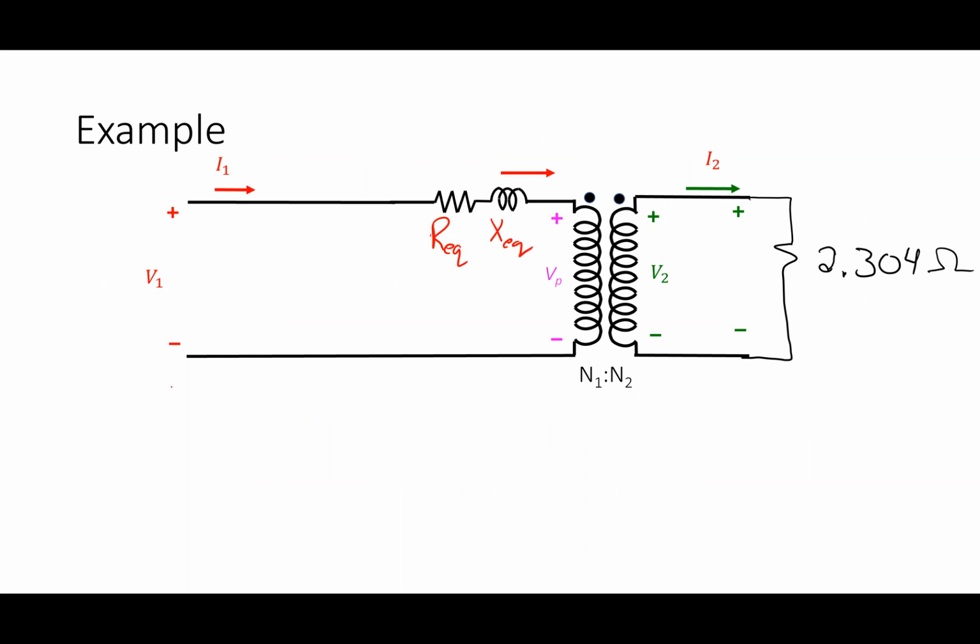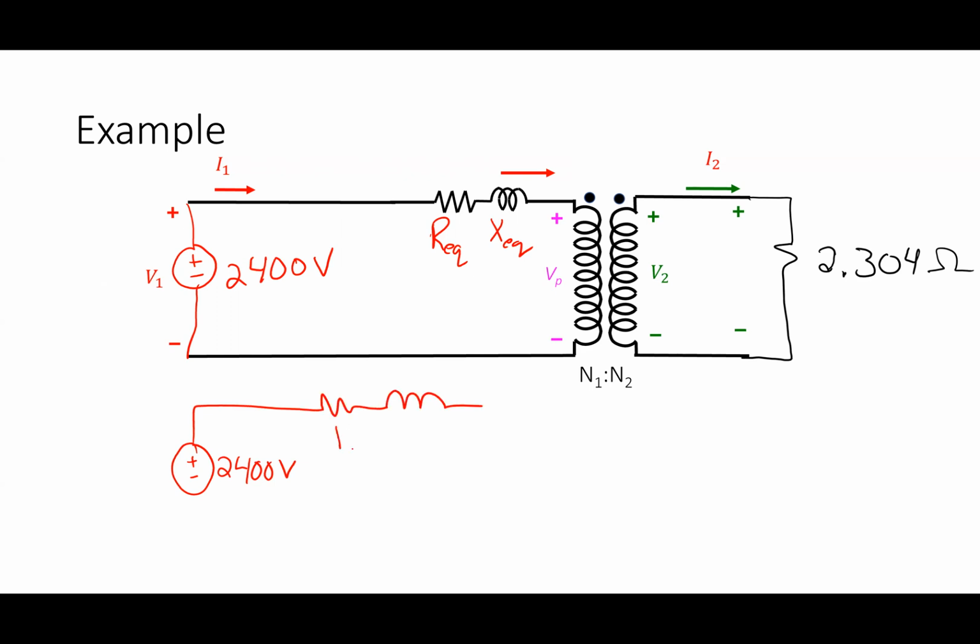I can redraw this circuit with 2400 volts here, REQ, XEQ, and put the reflected impedance over here.